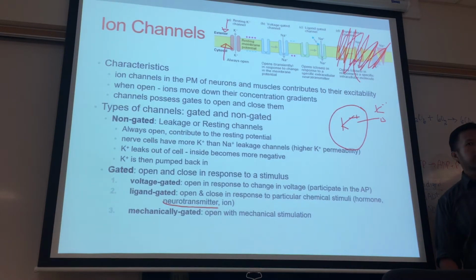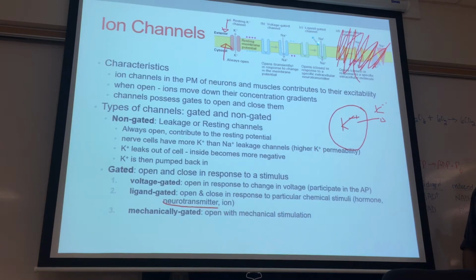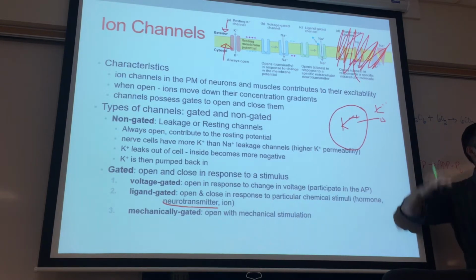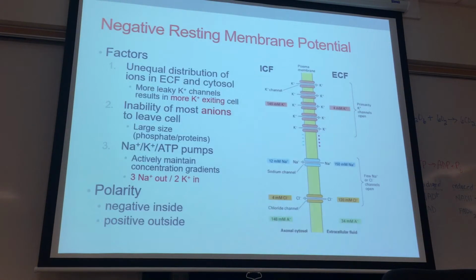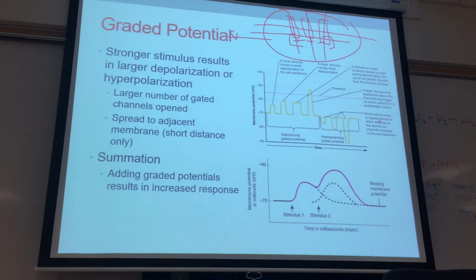When neurotransmitters from the prior axon terminal bind in, they allow sodium channels to open up. And as more neurotransmitters bind to these ligand-gated channels, you have bigger graded potentials. And again, the magnitude of that graded potential, the height of that graded potential, is all governed by the number of channels that have been opened.